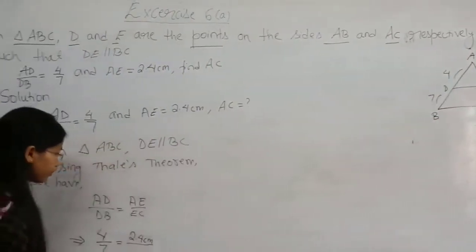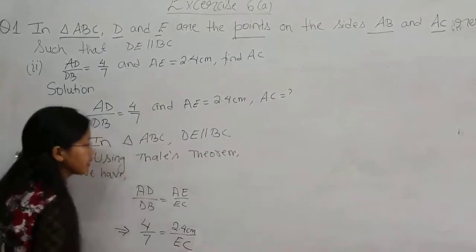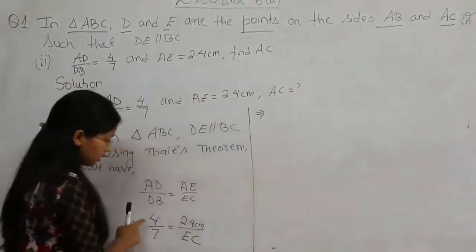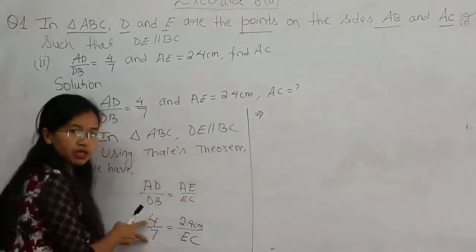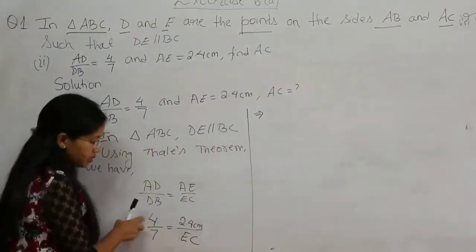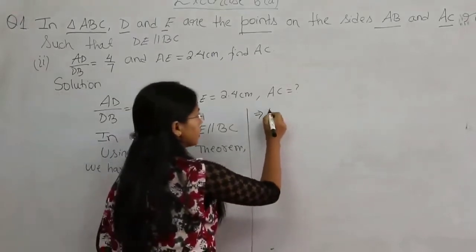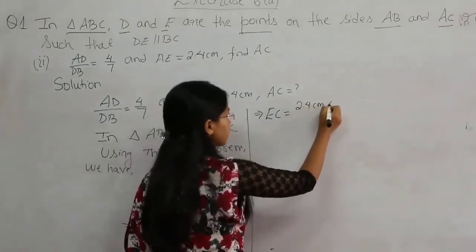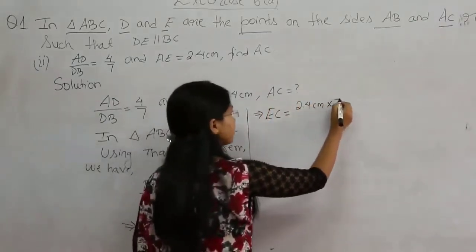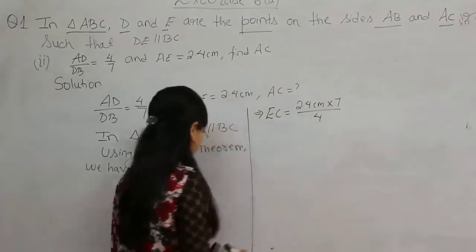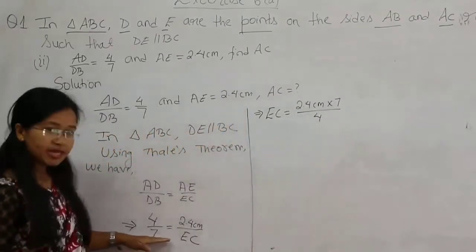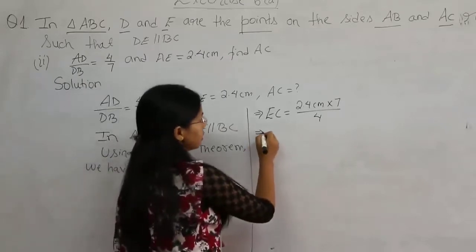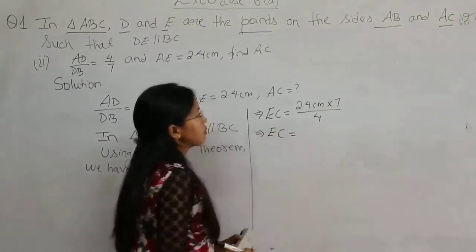Here, EC will remain EC first. Then this will change to 4 by 7. Let us cross multiply the numbers to the other side. EC to this side, we will get EC equal to 2.4 centimeter into 7 divided by 4. Right? So cross multiply 7 here and 4 this side. So same thing here. We get EC equal to 2.4 by 4.